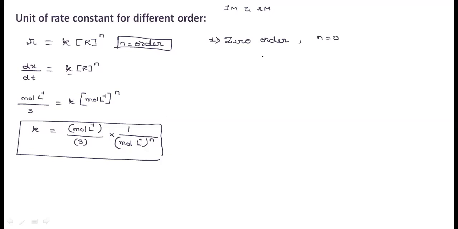We'll substitute in the expression of K. K is equal to mole per liter divided by second into 1 divided by mole per liter, and power n it is 0. Hence, if you simplify this, any value to the power 0 is equal to 1.